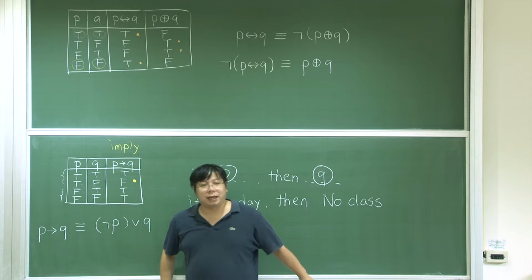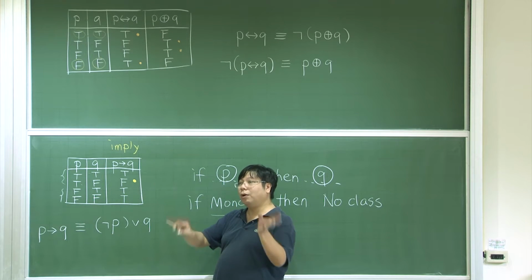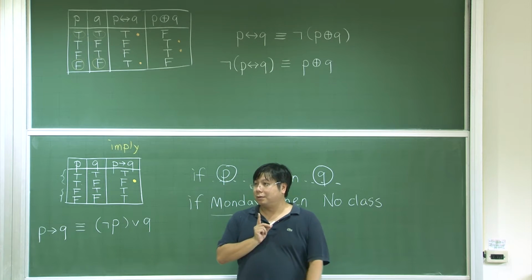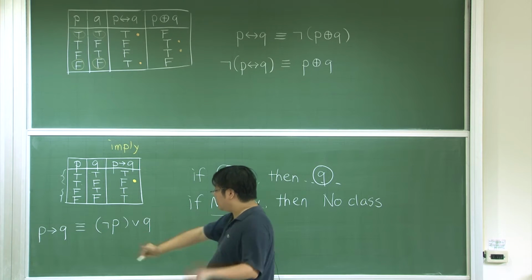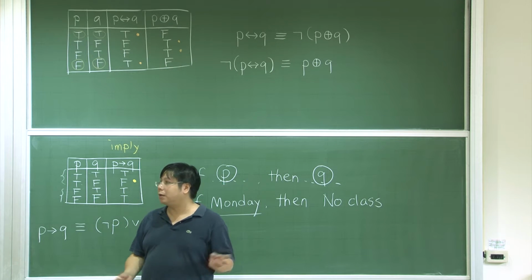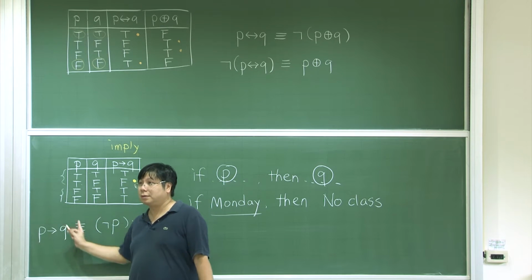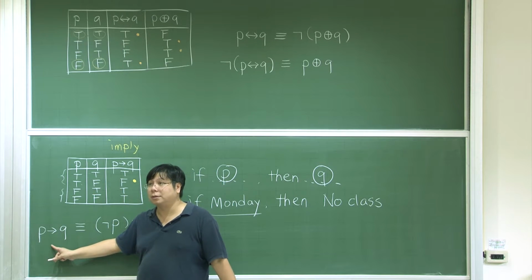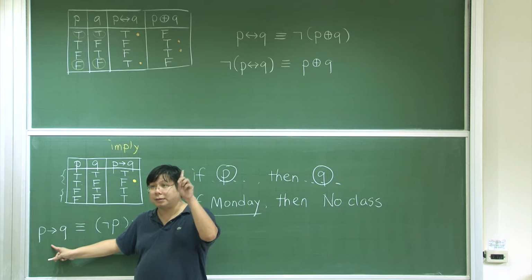So I'm claiming that P implies Q will always have the same truth value as not P or Q. Okay, let's take a look. The easiest way is to focus on when it will be false on both sides. There's only one case that this is false.